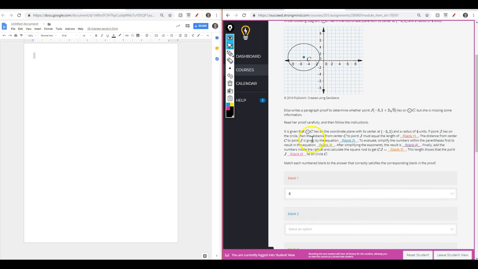The distance from center C to point J is given by the equation blank 2.